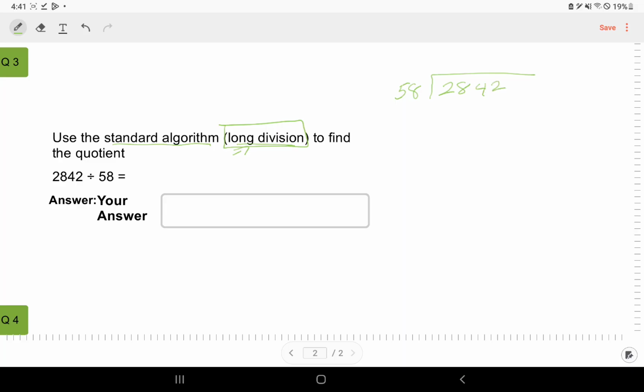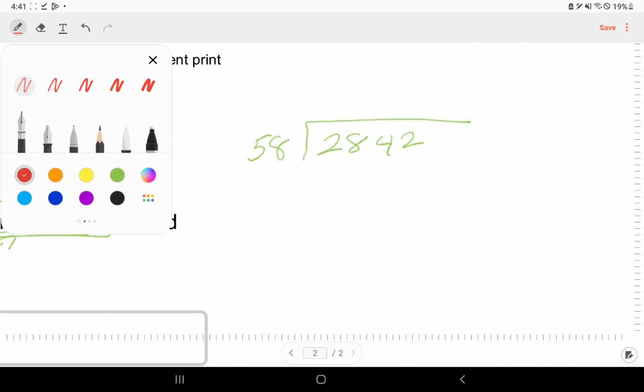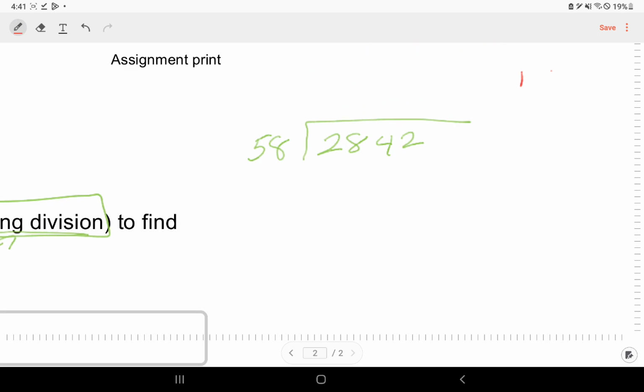And so, again, I'm going to come off to the side, and I'm going to go 1 times 58 is 58. 2 times 58 is 116. Because 8 and 8 is 16, carry 1. 5 and 5 is 10, and 1 is 11. Well, 8 and 6 is 14, carry 1. 1 and 1 is 2, and 5 is 7. So 174.